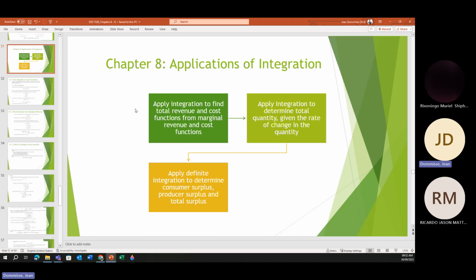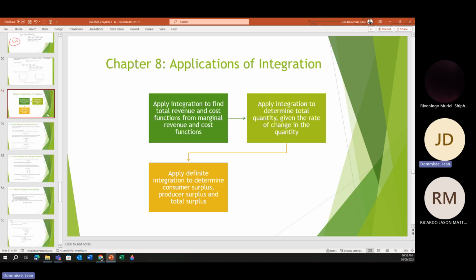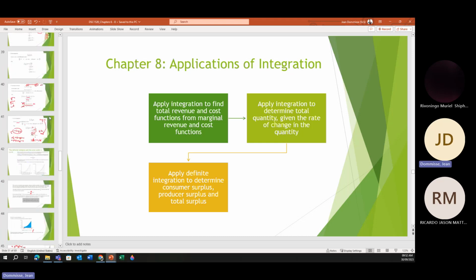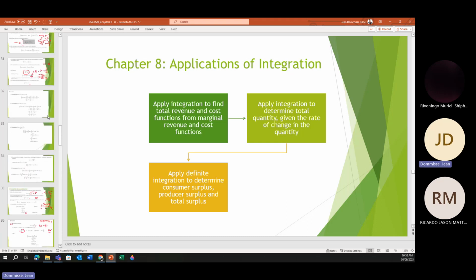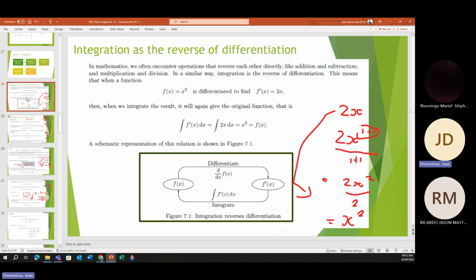That's why I like that one diagram. So what we are now going to do is the opposite.